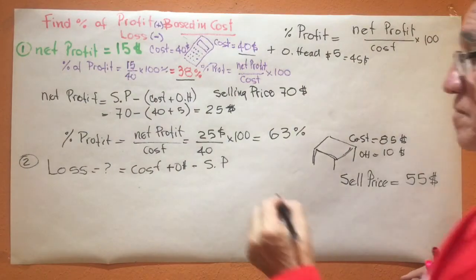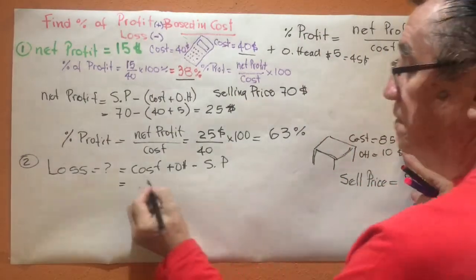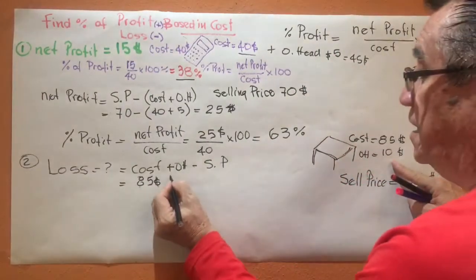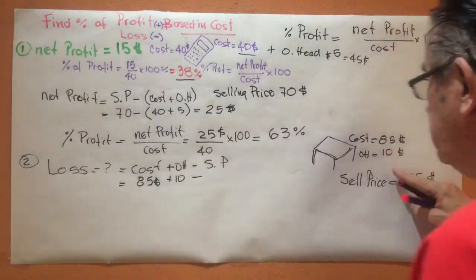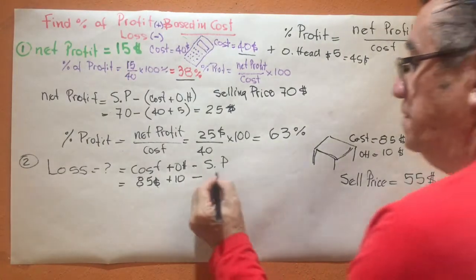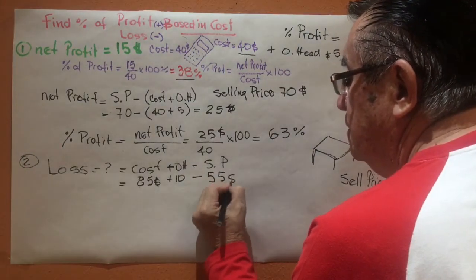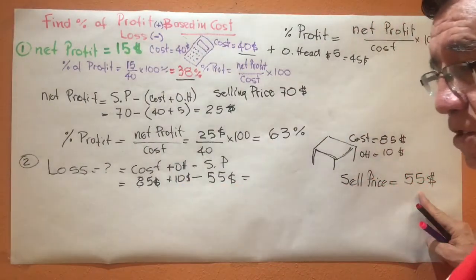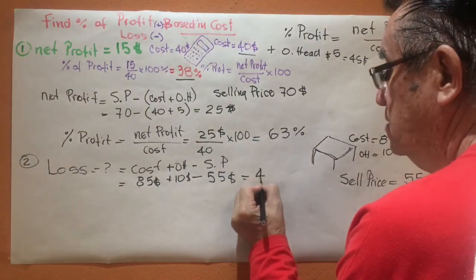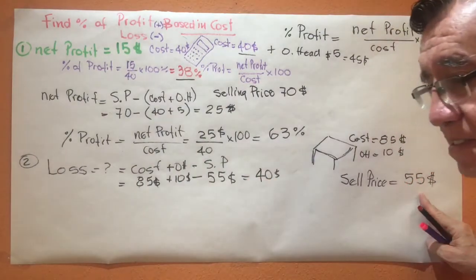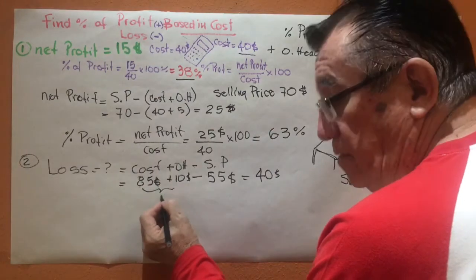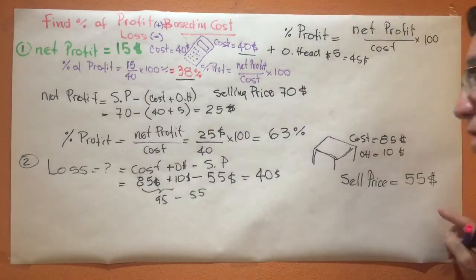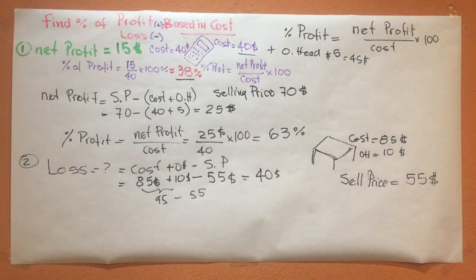My cost was $85, my overhead was 10, and my selling price was 55. If I do all these calculations, I lost $40. Because 85 plus 10 makes 95, minus 55, you can easily see that the answer is 40.